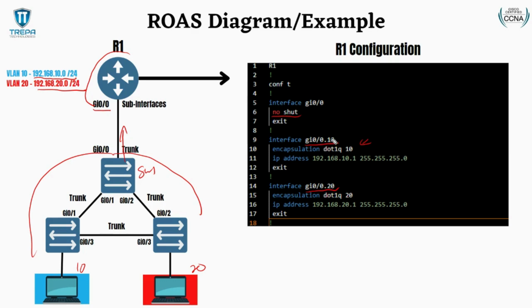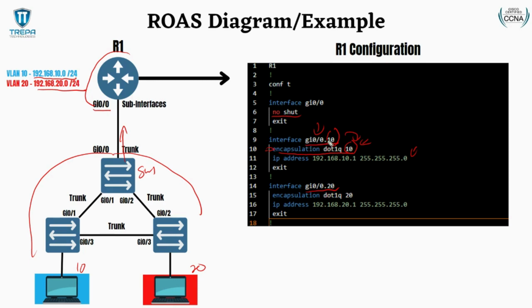Once we create that sub-interface, before we can assign an IP address to it, we have to tell it what VLAN tag is coming across and destined for this sub-interface. We do that with this command, encapsulation dot1q 10. An important thing to know is that this sub-interface number right here is not correlated to the VLAN tag at all.